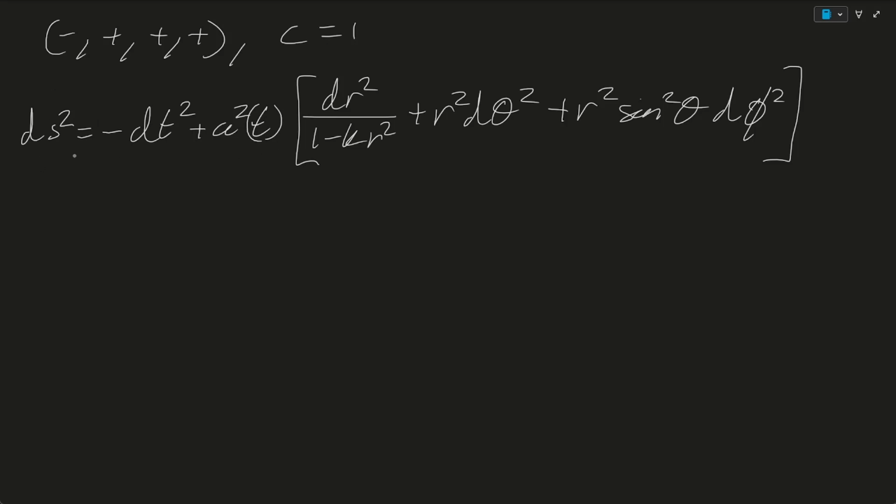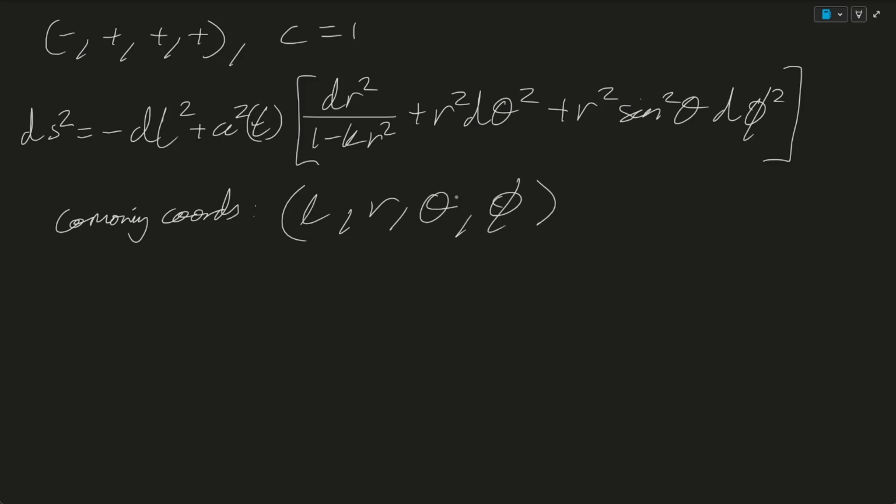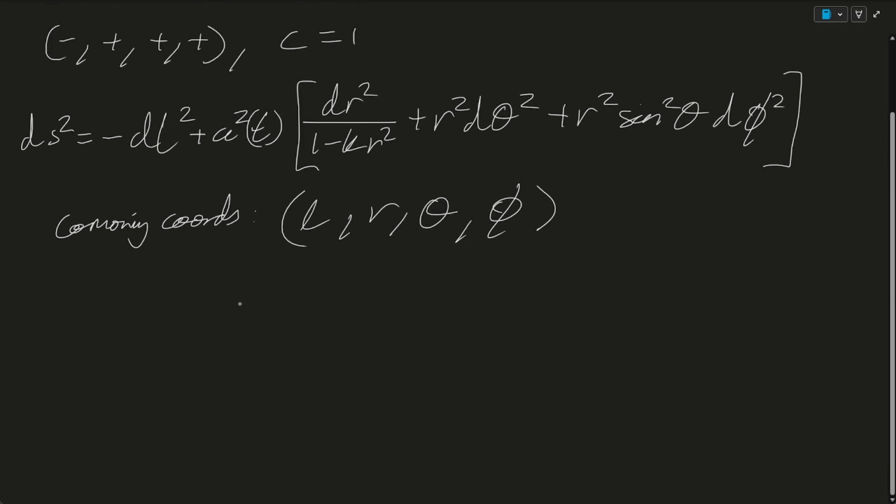So what does everything mean here? Well, we have co-moving coordinates, sorry, that was supposed to be dt, not dl. I remember something was wrong there. So we have t, r, theta, and phi. The r is dimensionless here.